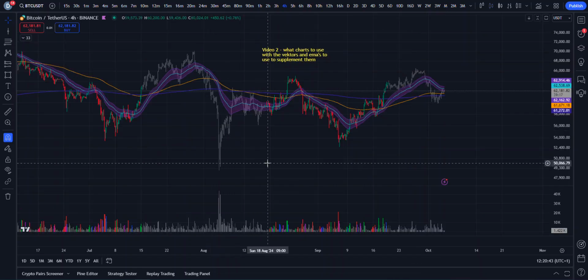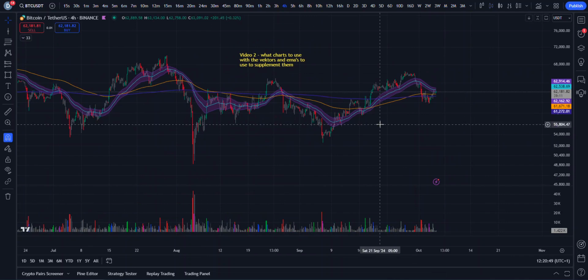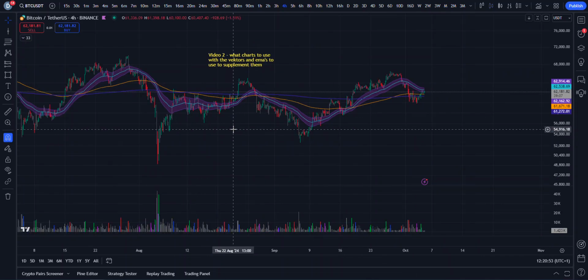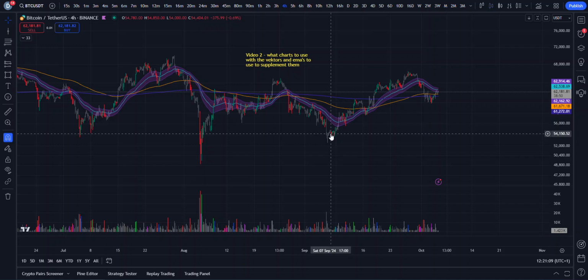What's going on? So this is the second video in a little mini series explaining vector candles for you guys and how to use them. Although our strategy pretty much doesn't use EMAs and vectors, it's something I've incorporated into my strategy along with market cipher and a few other things, but for the time being I'm just explaining the vectors.